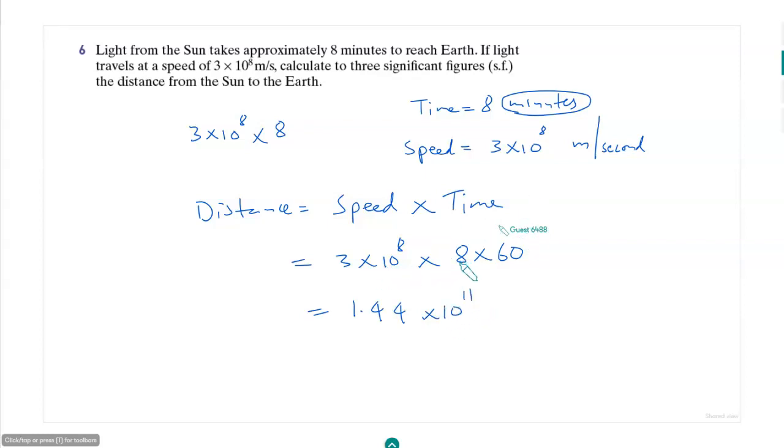Let's see, 3 into 8 is 24, 24 into 60, 1440. So it's 1440 into 10 raised to 8. So 1.44 into 10 raised to 11. Very good. Yes, that's the right answer. But what's the unit? Meters. Good. So we have calculated it to 3 significant figures, right? 1.44 is 3 significant figures.